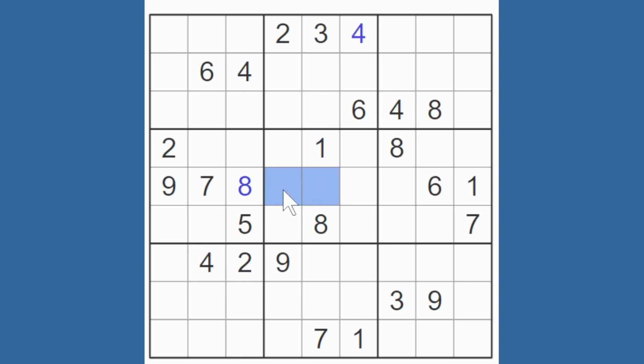And now one of these must be a 4 for the simple reason that this 4 blocks this square, and we need to have a 4 in this row. So one of these two must be a 4. The 8 blocks here and the 8 blocks here, so one of these must be an 8, and this 8 blocks up here, so one of these must be an 8.